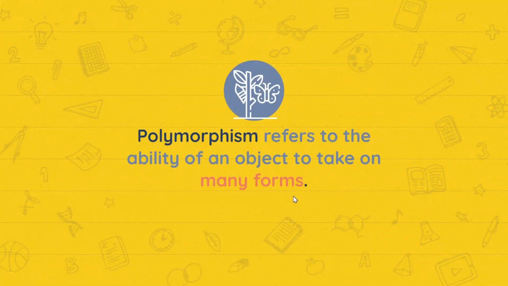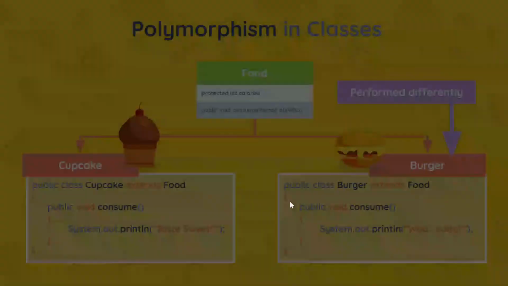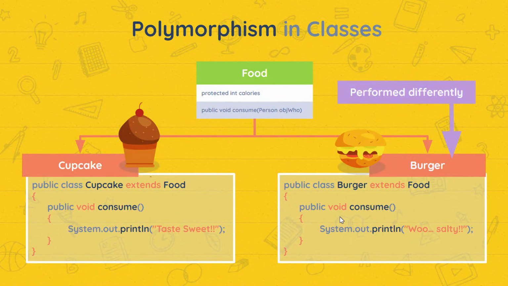The second one is polymorphism. It refers to objects having different forms. Let's take an example from the previous one, which is the food. You can see that food has the consume function, and for the cupcake and the burger, the consume function will run differently.